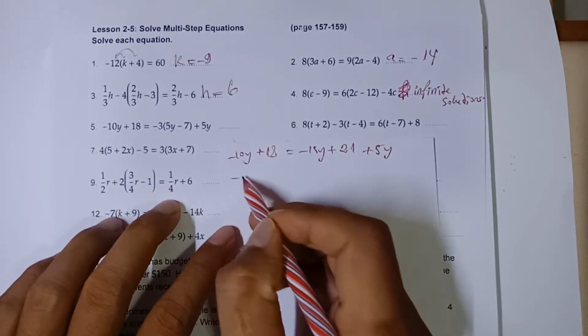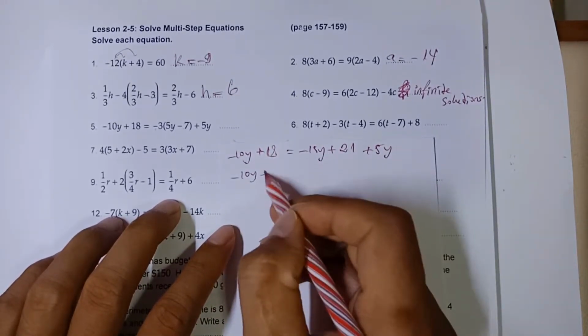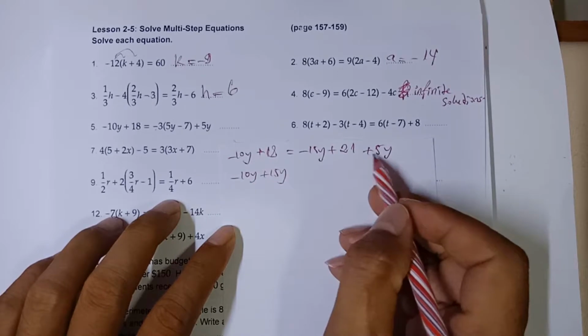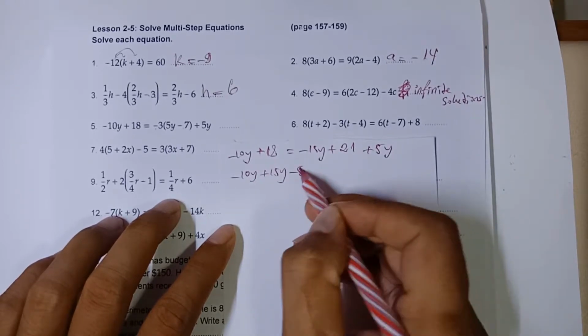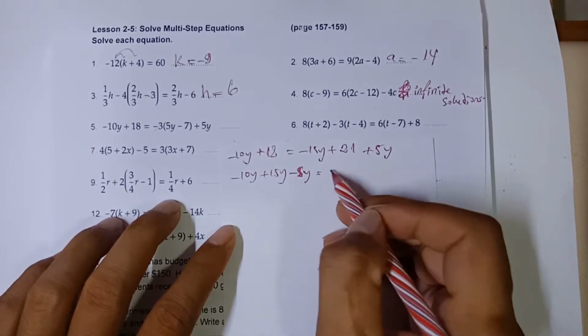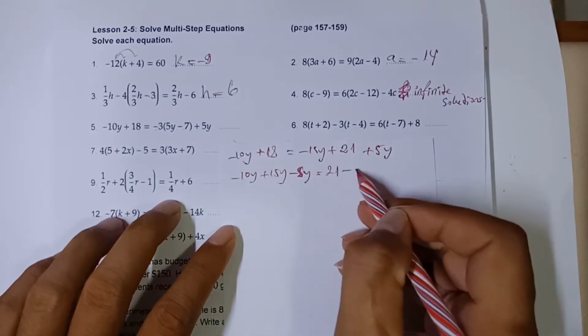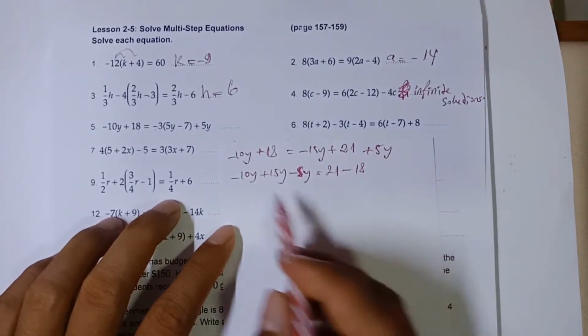Okay, so you have negative 10y plus 15y, and then minus 5y equal to 21 minus 18.